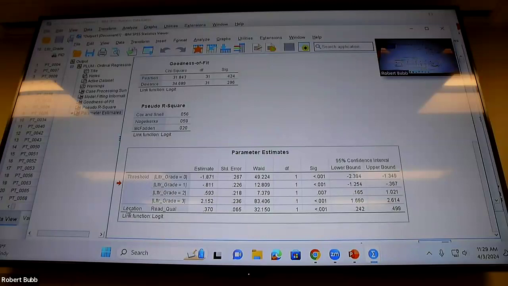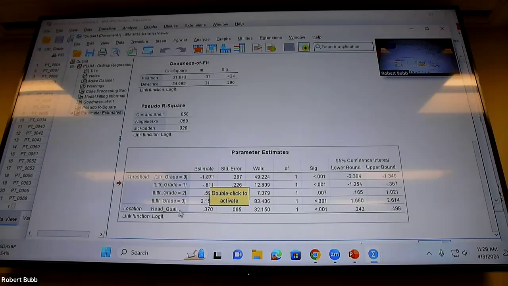So your predictor is still down here. There's only one row for it, but realize that for the letter grade you are using in your outcome, it's going to have a different constant in that equation. So you have 4 different equations where each of these thresholds is serving as a constant.